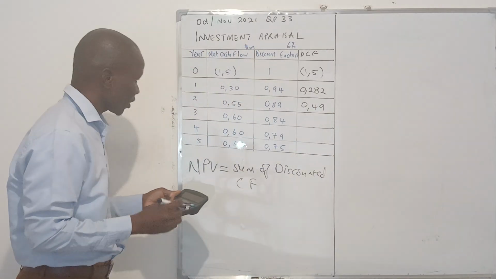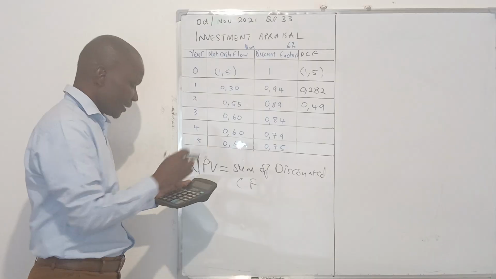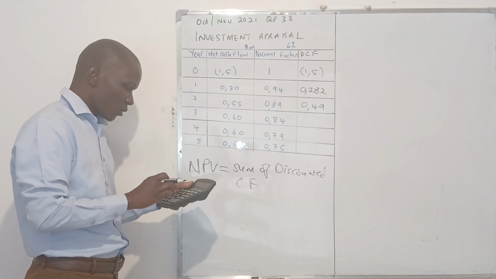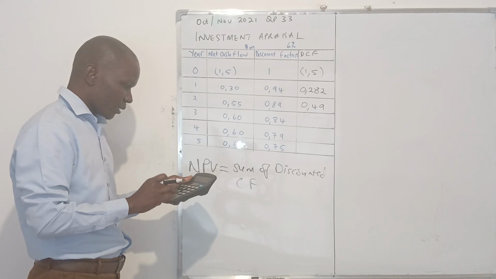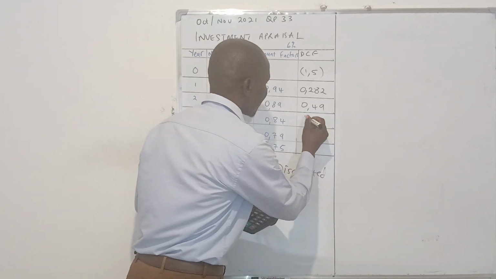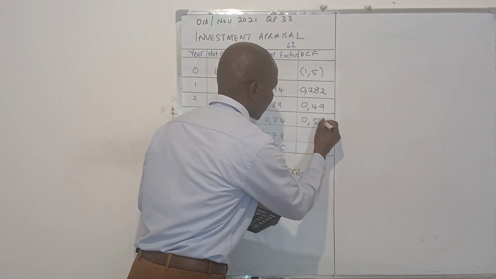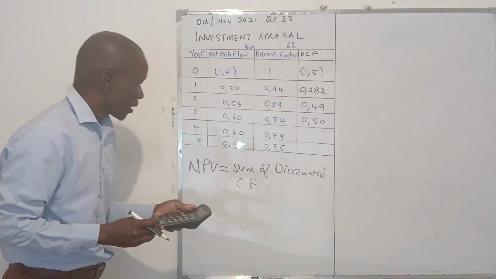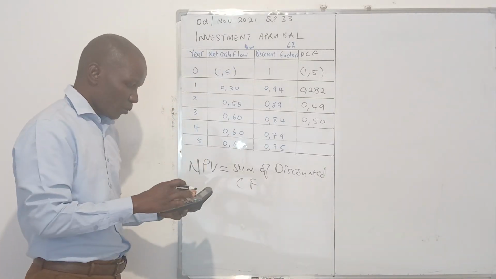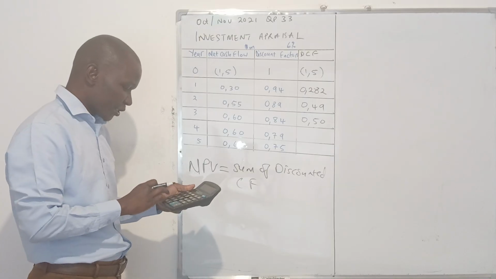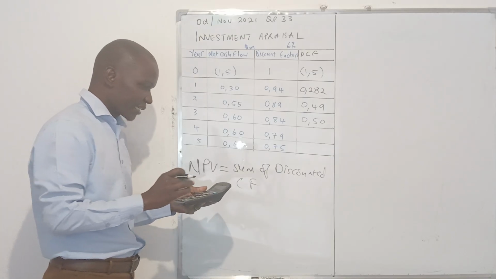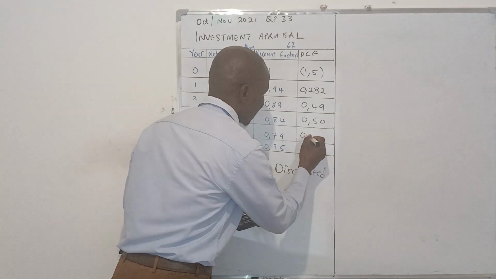In year 3, we are getting 0.60 times 0.84, it gives us 0.50. In year 4, we're going to get 0.60 times 0.79. It gives us 0.47.